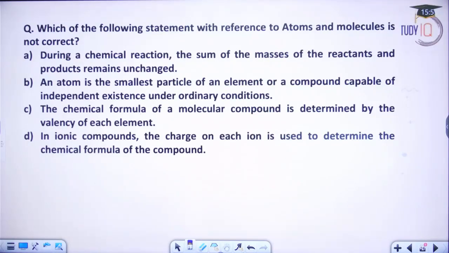Then, an atom is the smallest particle of an element and compound capable of independent existence under ordinary conditions. The chemical formula of a metal molecule compound is determined by the valency of each element. Then, in ionic compounds, the charge on each ion is used to determine the chemical formula of the compound.